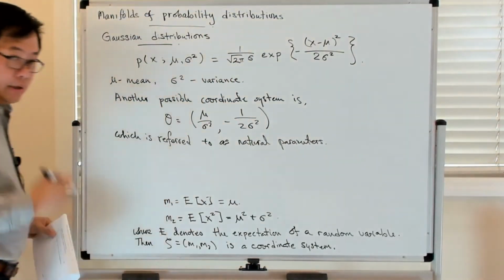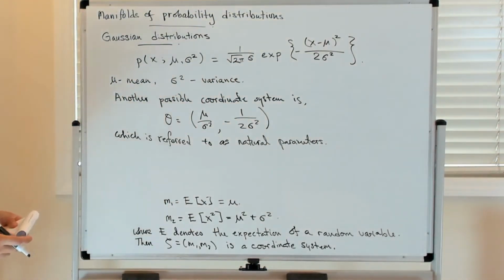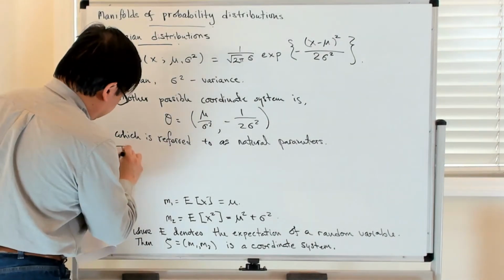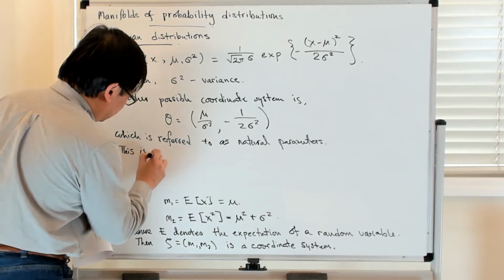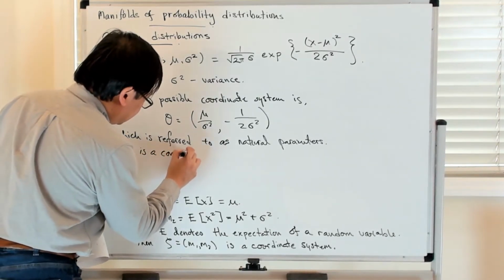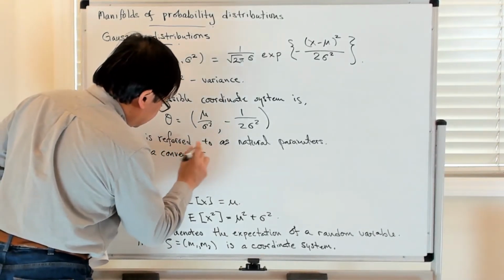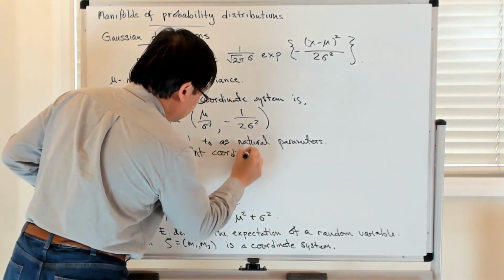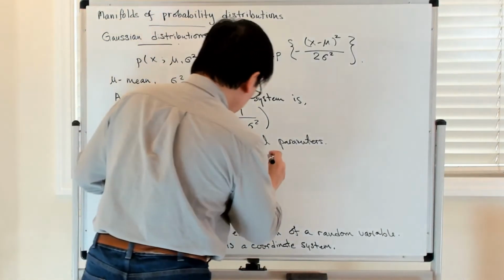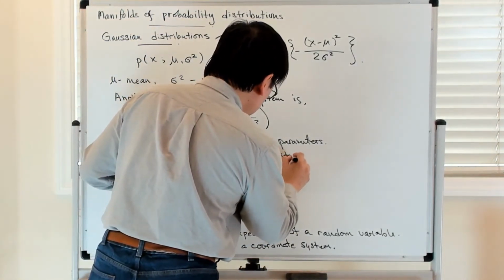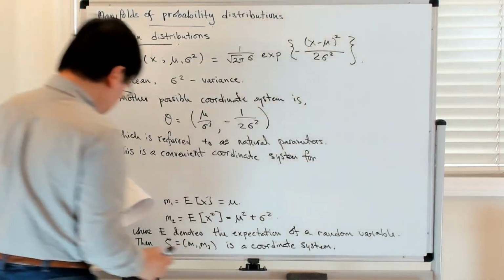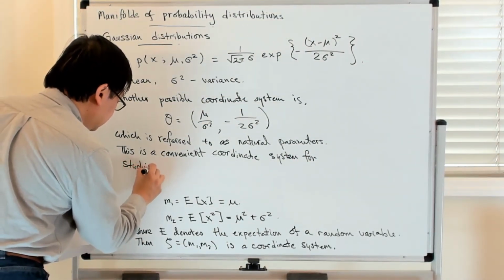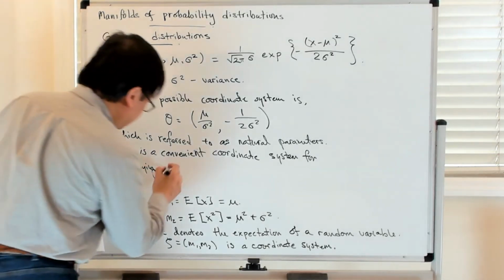And this is going to be a convenient coordinate system for studying properties of Gaussian distributions.